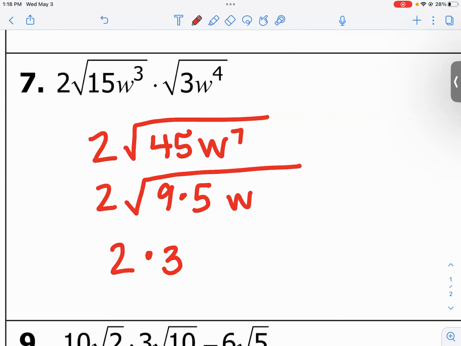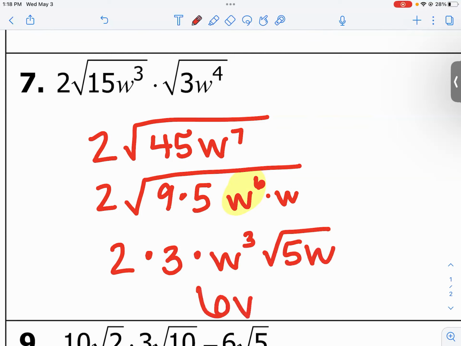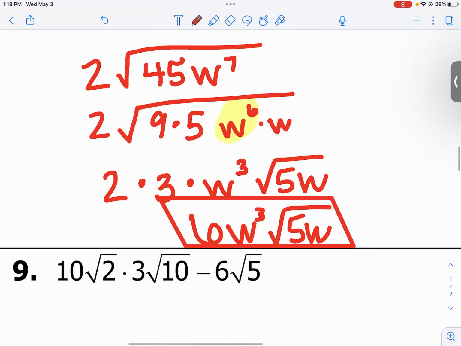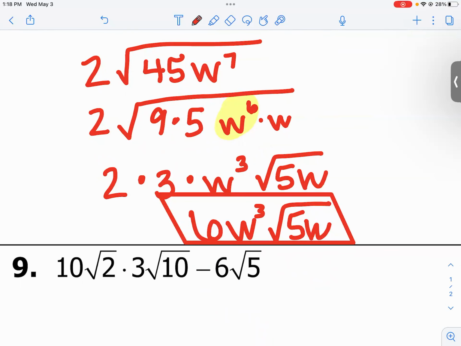What do you think, Payne? W to the 6 times W. That way, this guy comes out as W cubed, and then 5 and W are left underneath. So 6W cubed square root of 5W should be our answer. Okay, make sure you think about those variables and how those get affected underneath the radical.